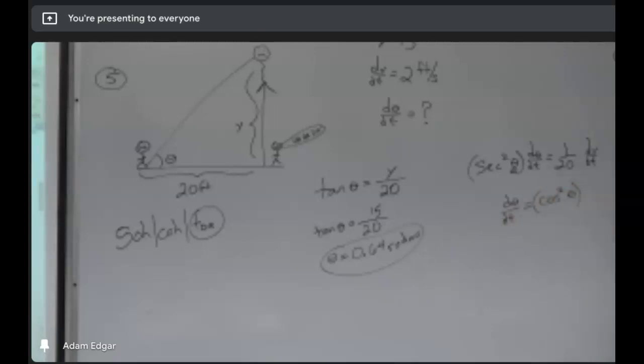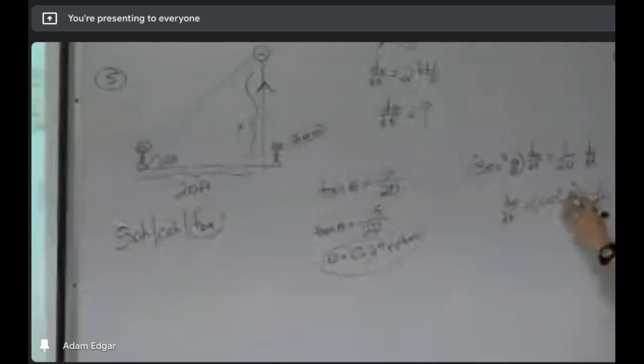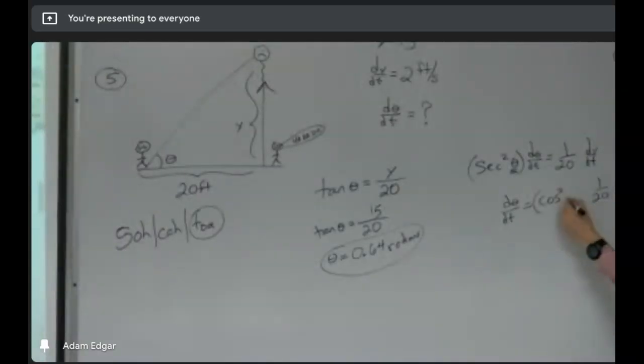So you have cosine squared of theta, now you know what theta is, times 1 over 20 times dy dt. And you know that theta is 0.64. So I would do cosine of 0.64, see what that is, then square it, and then divide by 20 and times by 2.